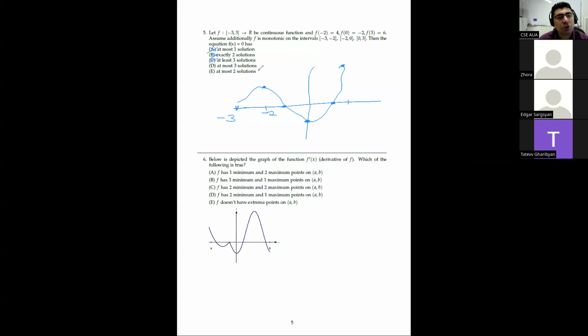At most 3 solutions, and at most 2 solutions. At most 2 solutions we can drop, because what if we have another solution here? So it remains at most 3 solutions, the correct answer.